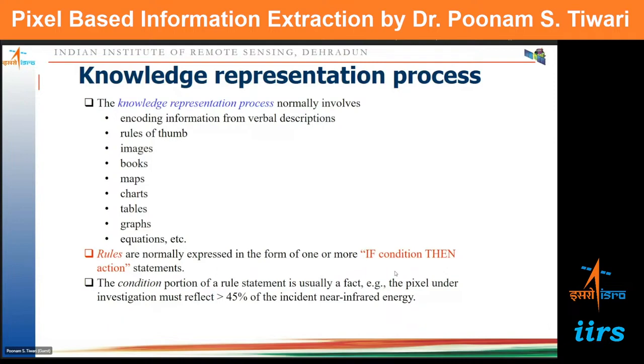If this is true, then what should be performed, what should be the action, and if the condition is not met, then what would be the action. The condition portion of a rule statement is a fact that pixel, suppose we will be talking about it, how the conditions are generated.